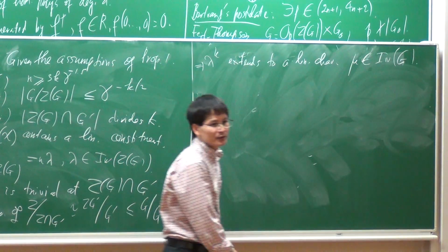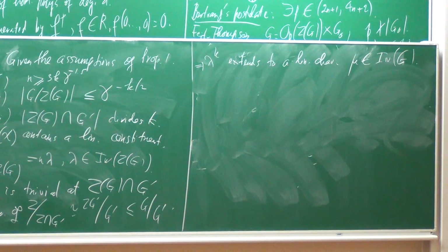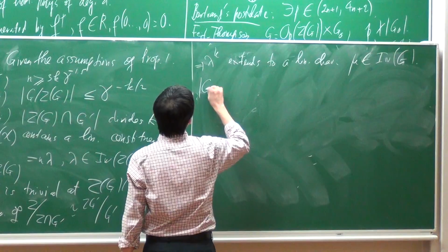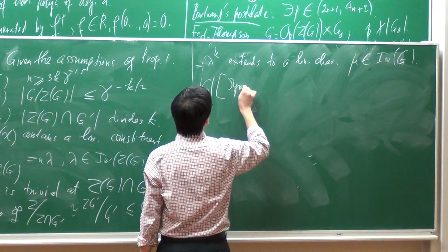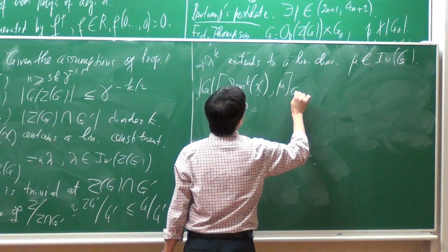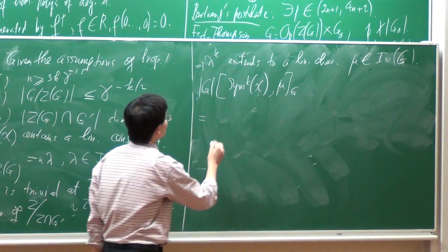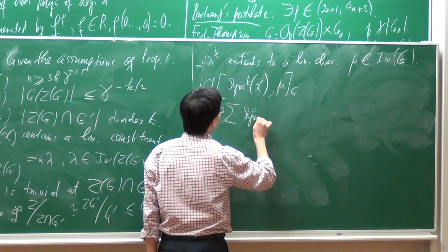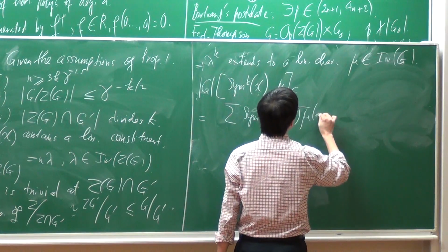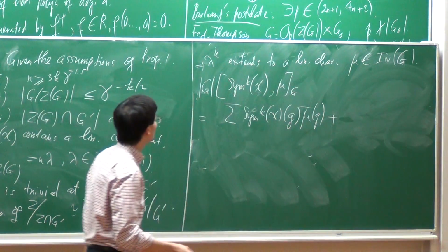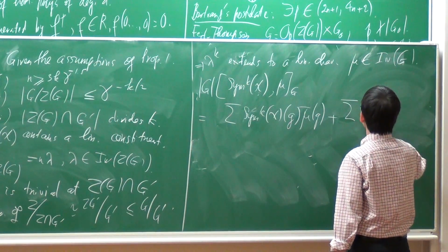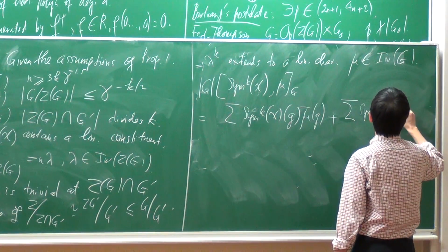Okay. So I want to show this mu is going to occur in this symmetric power. And then what you do is you just compute the inner product. Well, this is going to be just a sum of Sym^k pi of g times mu bar of g, and I'm going to break it into two pieces: the one over the central elements and the one outside.